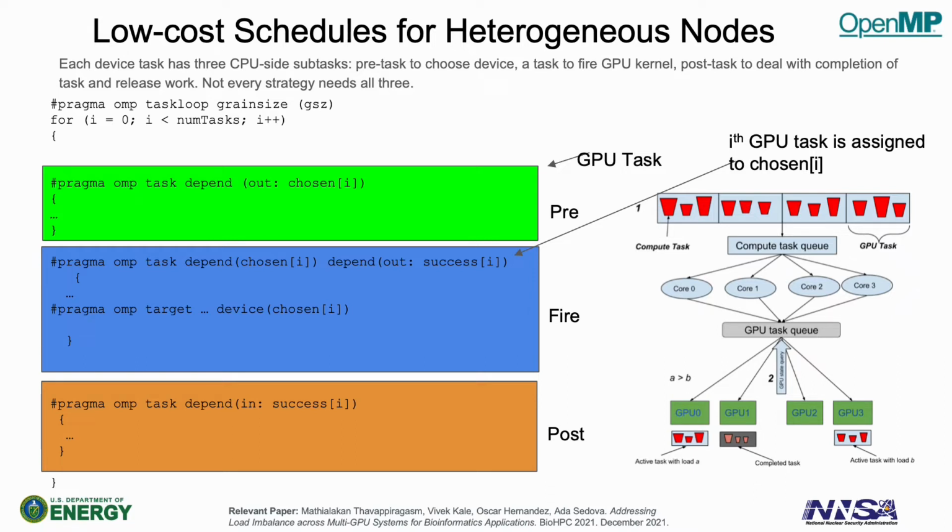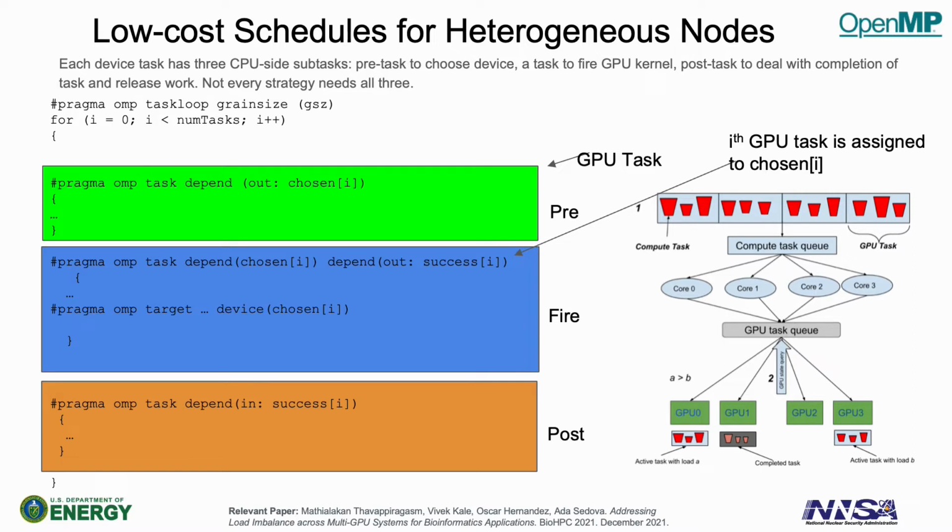Now, the taskloop task consists of several target regions, and those target regions use the device clause to identify which device the target region should be offloaded to.